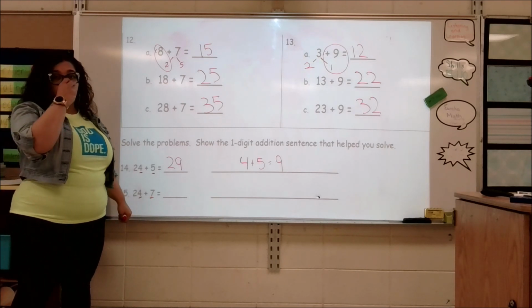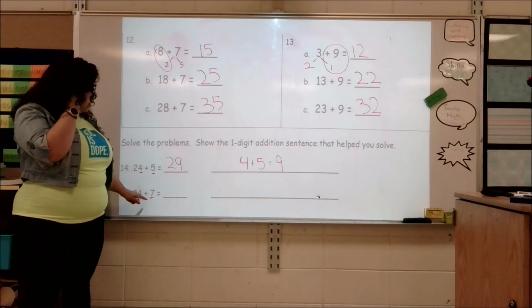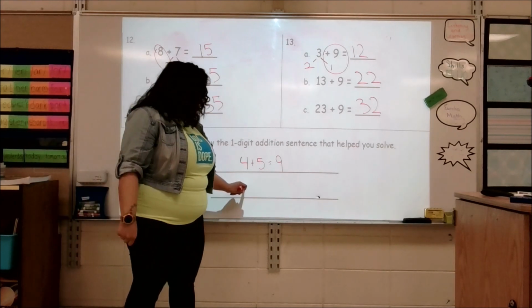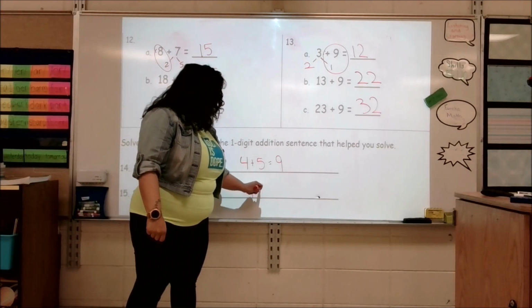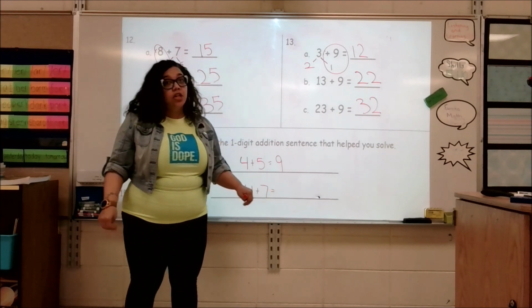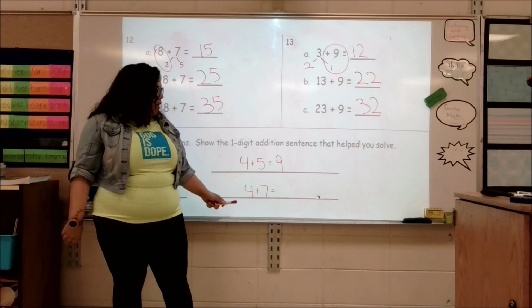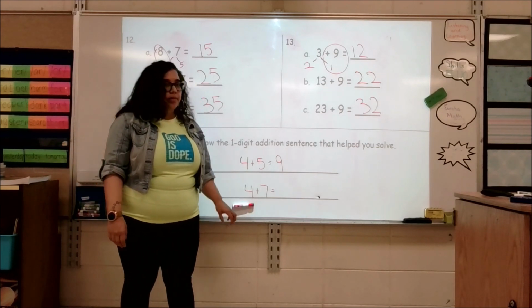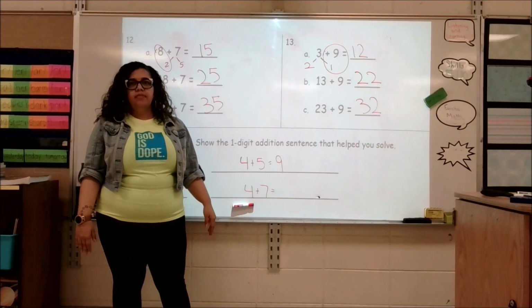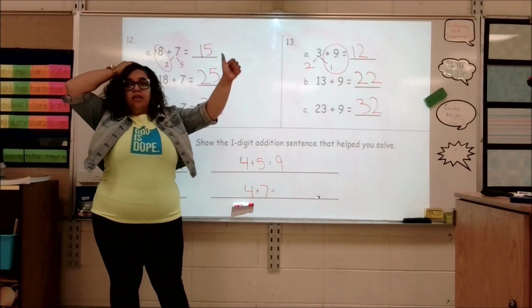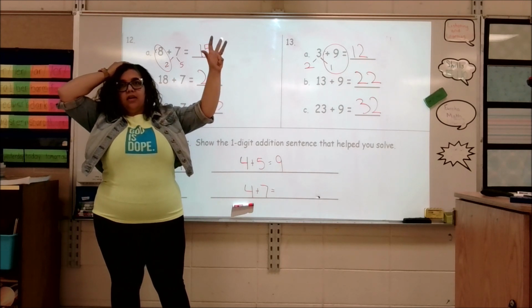Yes. So then here we have 4 and 7. In this instance, we have 4 ones and 7 ones. So 4 ones plus 7 ones, our 1-digit numbers, gives us, let's count on this time. Which part should I put in my head if I want to count on? I should put 7. So 7, 8, 9, 10, 11.